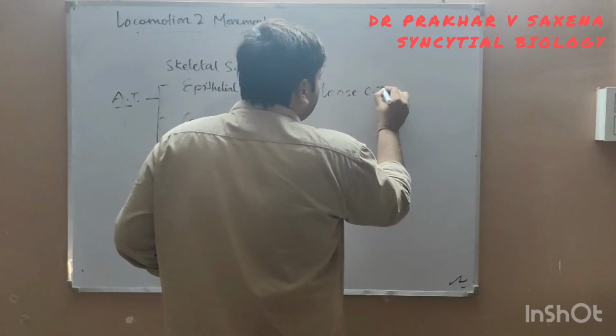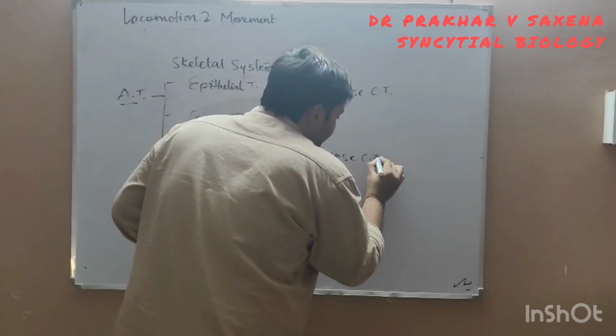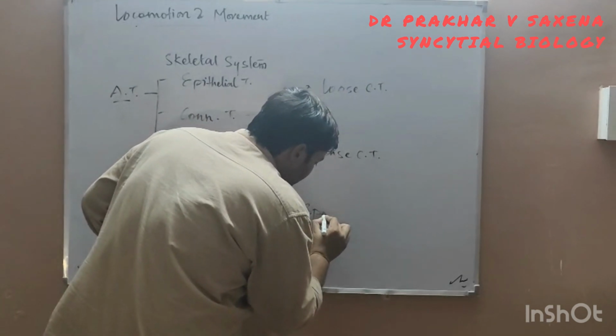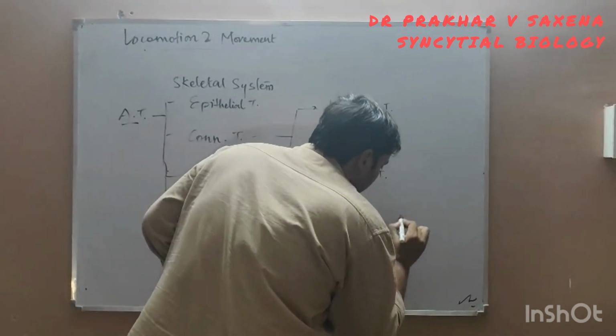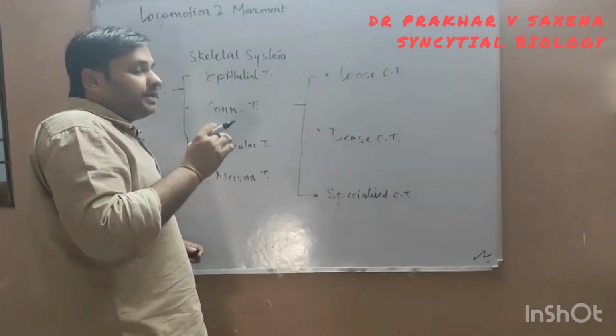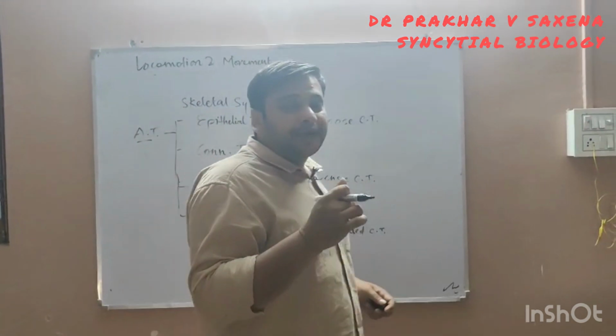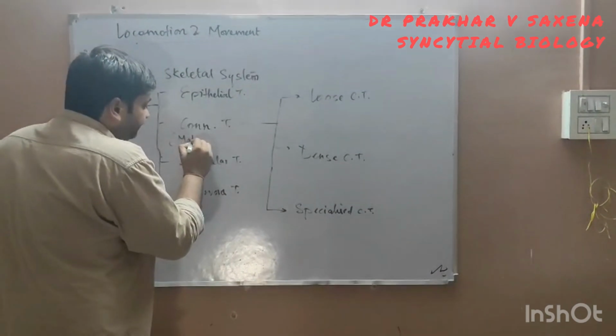Loose connective tissue, dense connective tissue, and specialized connective tissue. Now, as you all know, you have studied earlier in this chapter that connective tissue is made up of matrix as well as fiber, right? Matrix and fiber.